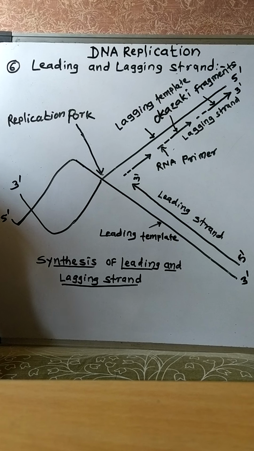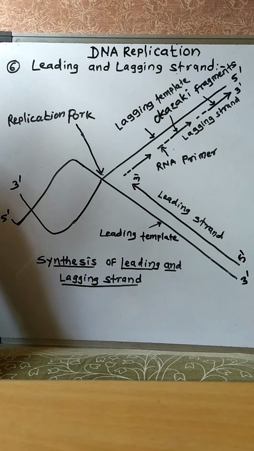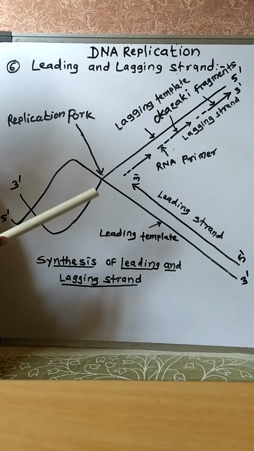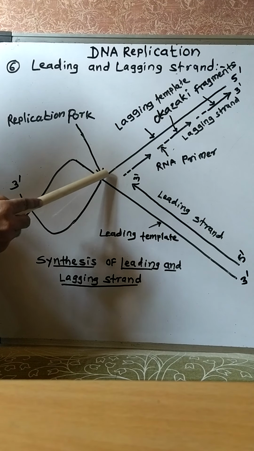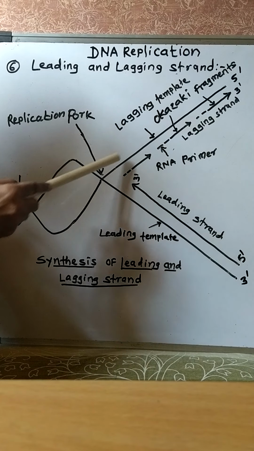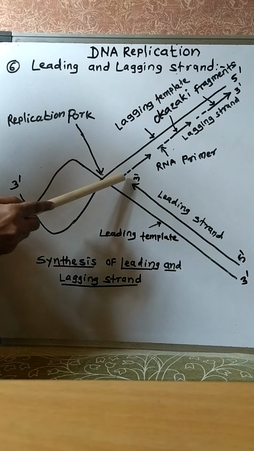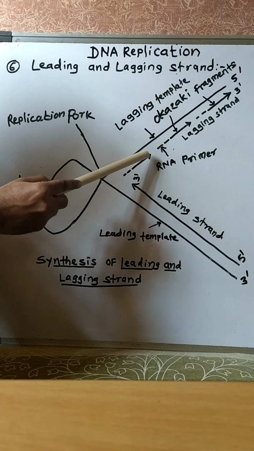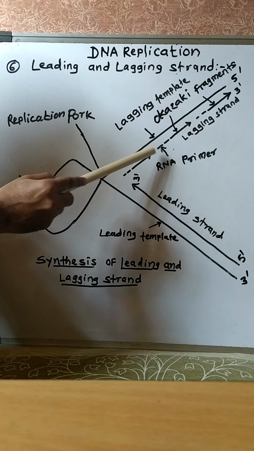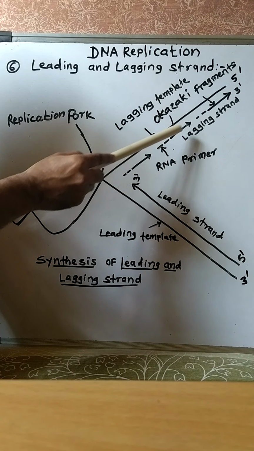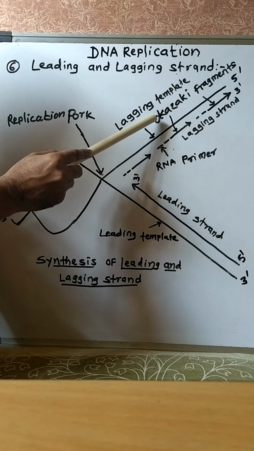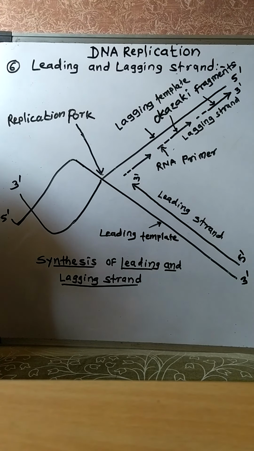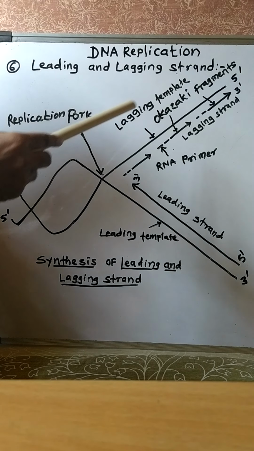Next step is called the maturation of the Okazaki fragments. Opposite to this lagging template, new DNA is synthesized in a discontinuous manner. So fragments of DNA are formed, and these fragments are called Okazaki fragments.